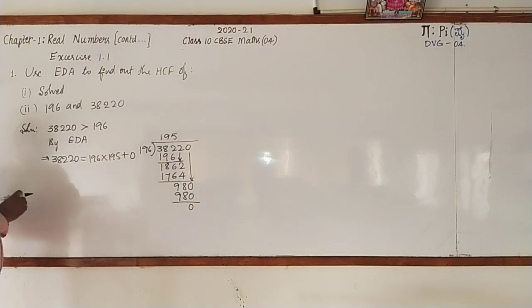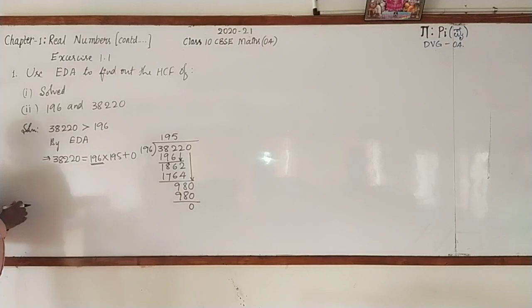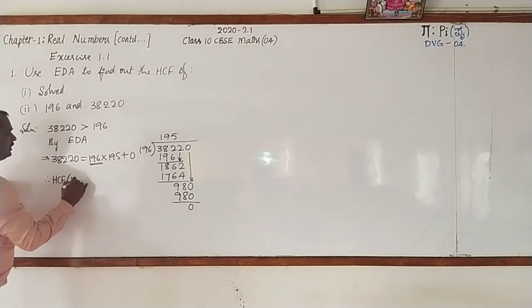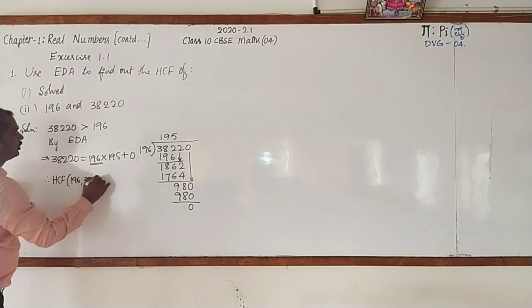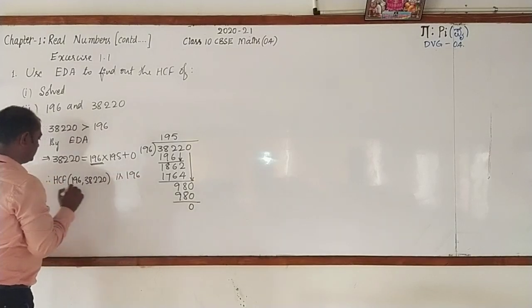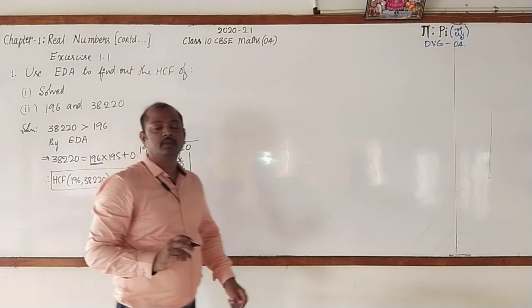In the very first step only, we got the remainder as 0. Hence, the divisor will be the HCF. Therefore, we can write the HCF of 196 and 38,220 as 196. I hope that you have understood.